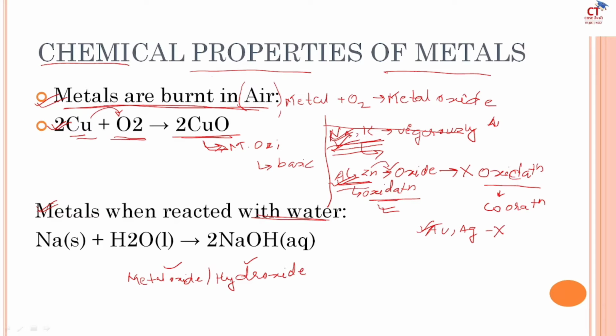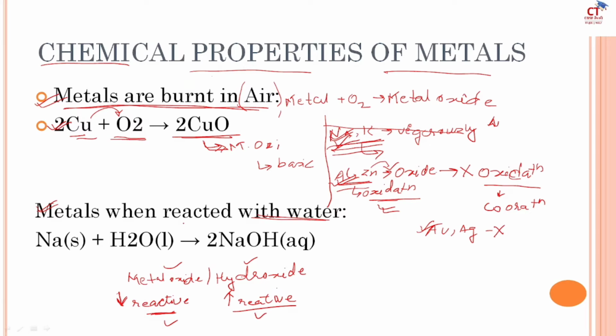If a metal is highly reactive, it will form hydroxide. However, if a metal is less reactive, it will form metal oxides. We will learn about the reactivity of various metals in the reactivity series in the coming slides.